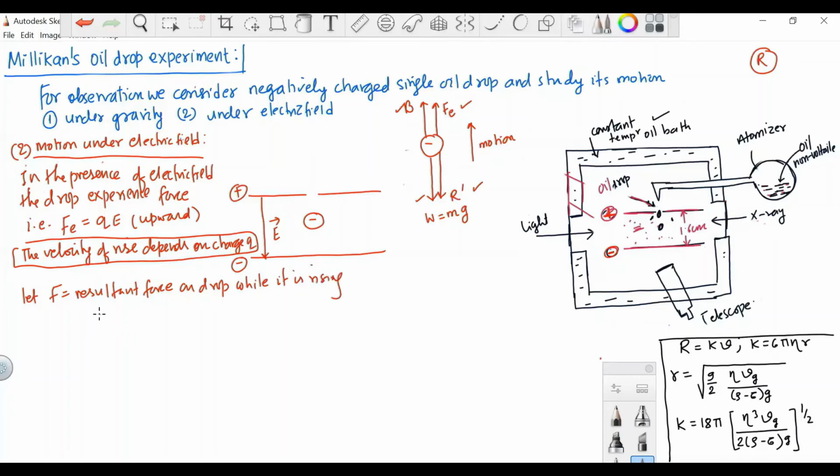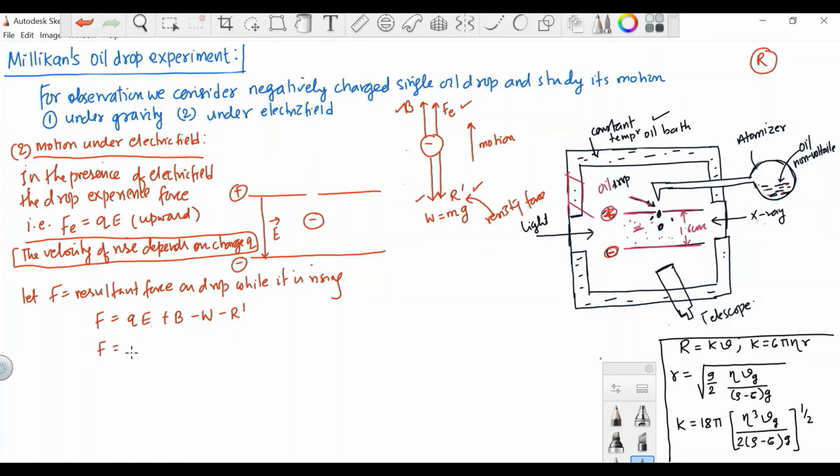Therefore, since the motion is in the upward direction, we write F equals QE plus B, the buoyant force, minus W minus R dash. Keep in mind, this is the resisting force.